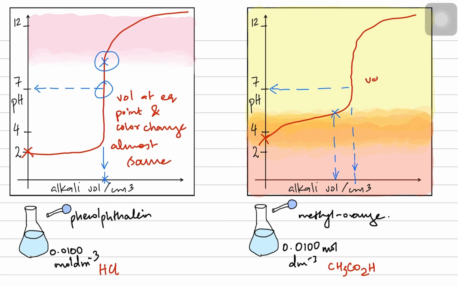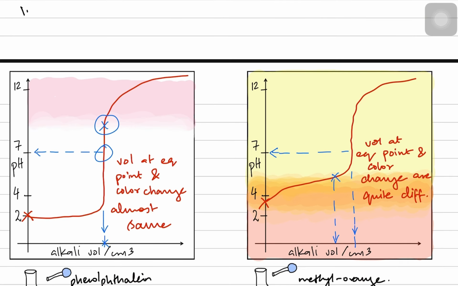So phenolphthalein was a good indicator. But in the weak acid, you can see the volume at the equivalence point and the volume at color change are quite different. You will see the color change first and then you will see the equivalence point. So that is a problem.